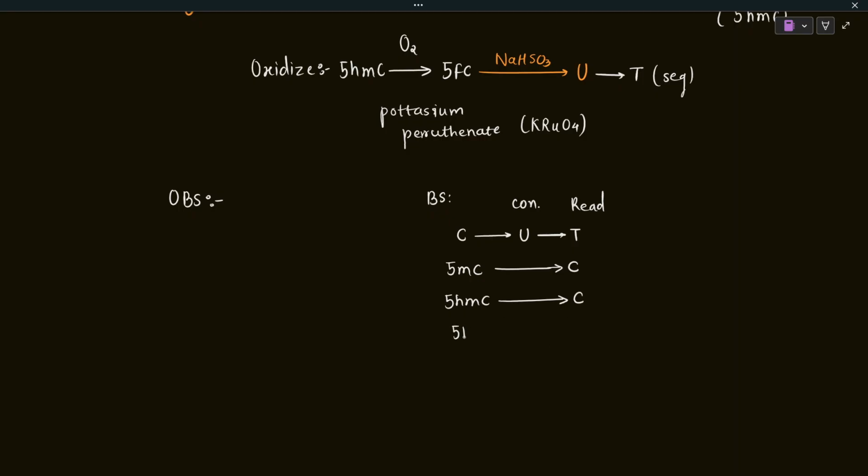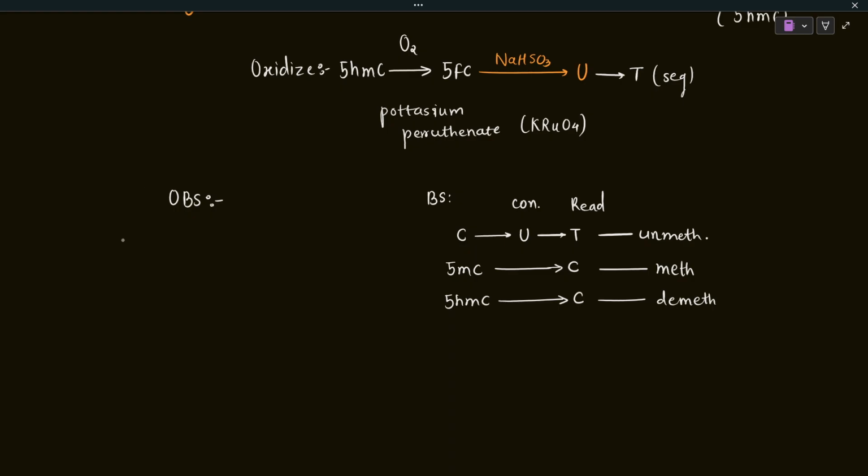And 5-formyl cytosine can be converted into uracil and is read as thymine. But let's not focus on 5-formyl cytosine here, because we are just comparing cytosine, 5-methyl cytosine and 5-hydroxymethyl cytosine, meaning the unmethylated, the methylated and the demethylated DNA. That is what we are comparing. So this is the case in bisulfite sequencing.